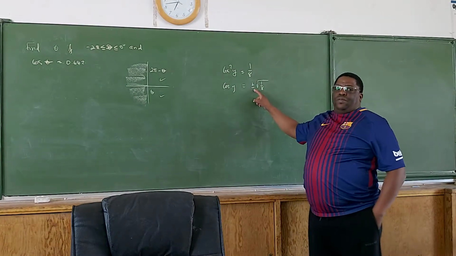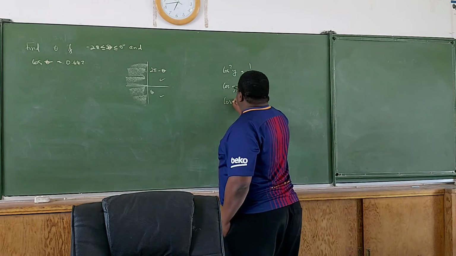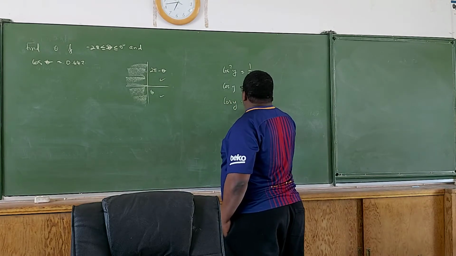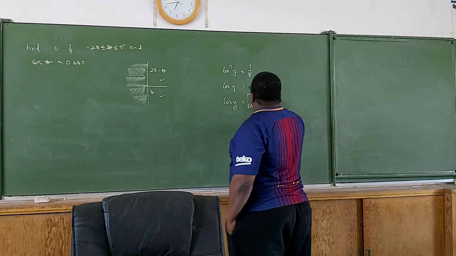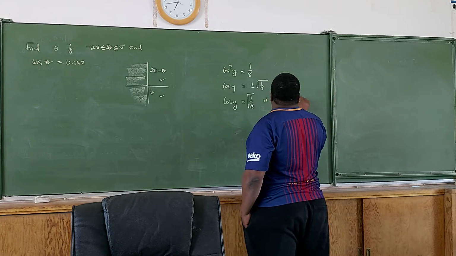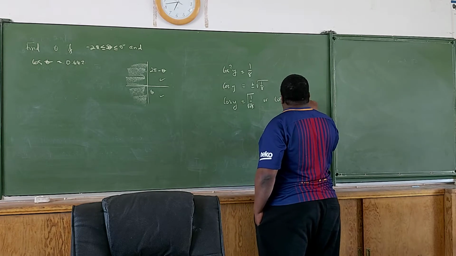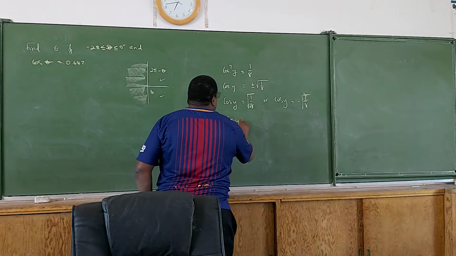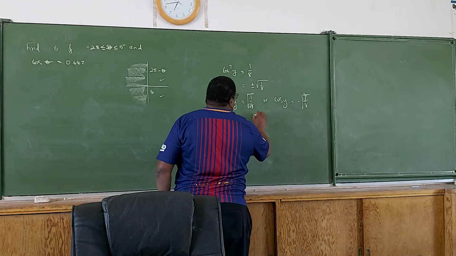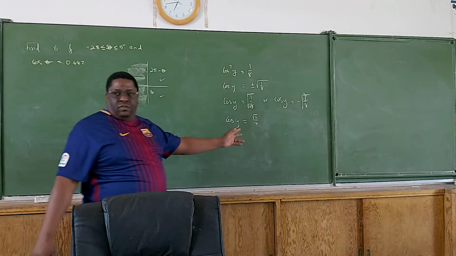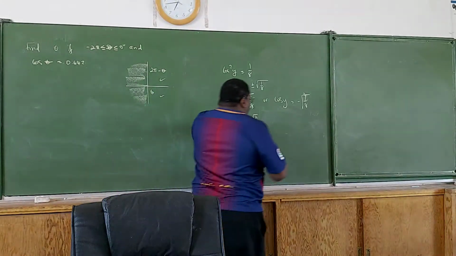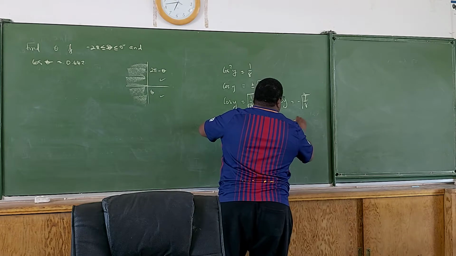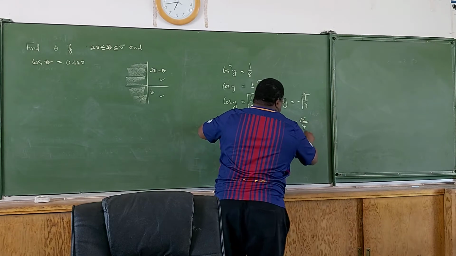This is the same concept as cos y equals the root of 1 over 8, or cos y equals the negative root of 1 over 8. If you simplify that, that gives you root 2 over 4. You don't have to take it further. I'm just putting it out there because that was a question that came up.